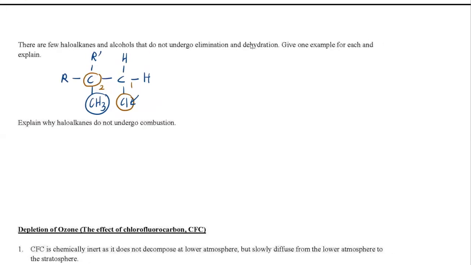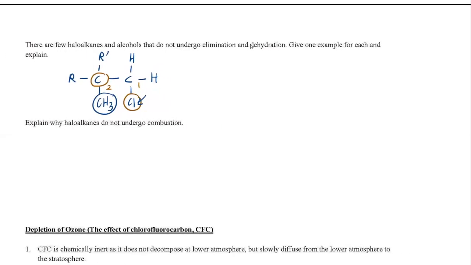So how we explain it: there's no hydrogen at the adjacent carbon, or there's no available hydrogen. When there's no hydrogen at the adjacent carbon, the electron from chlorine cannot go back to carbon. So there's no elimination or dehydration.